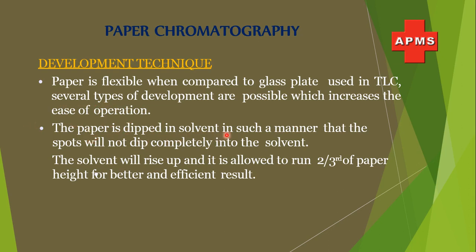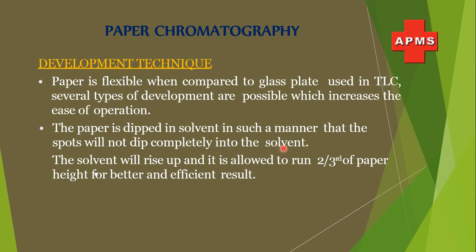The paper is dipped in solvent in such a manner that the spot will not dip completely into the solvent. The spot made by our sample should not dip inside the mobile phase or solvent. It should be just above the level of the solvent.